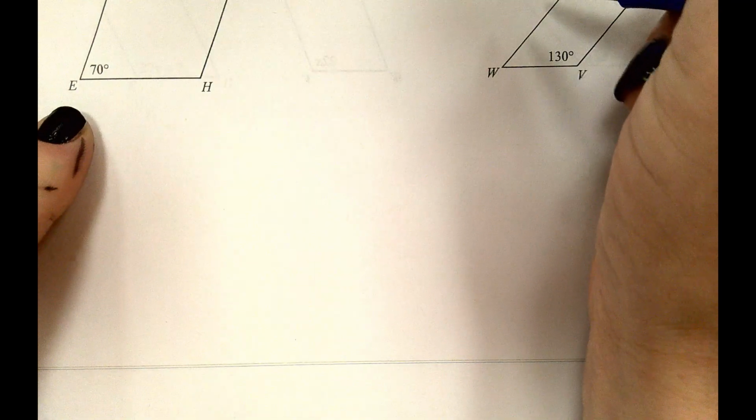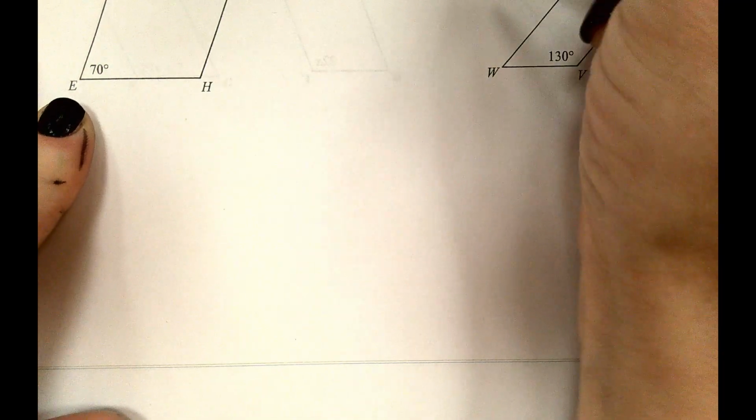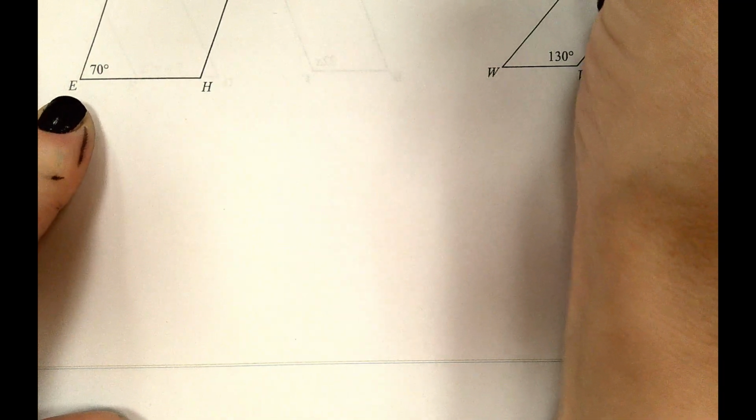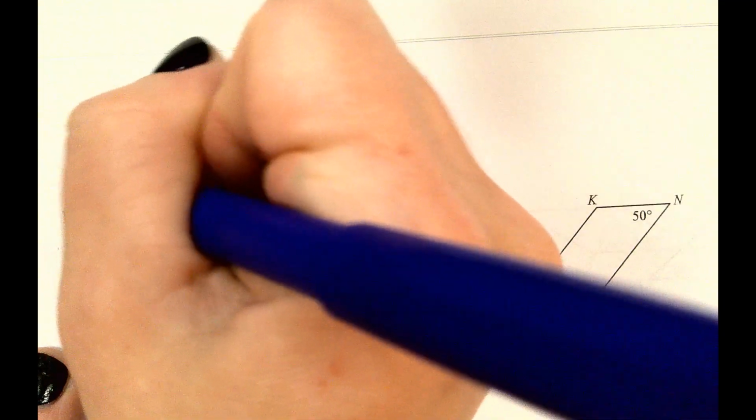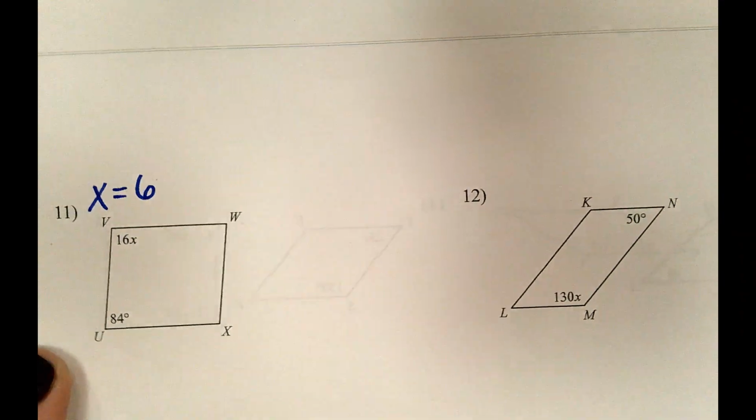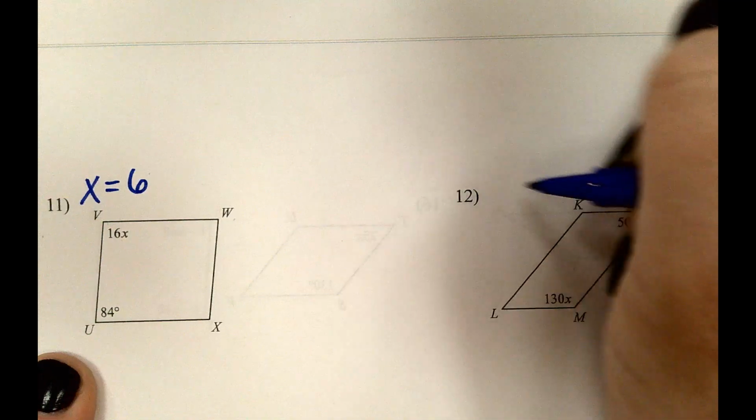Moving on to the next page. Number 9 is x equals 3. Number 10, x equals 7. Number 11, x equals 6. Number 12, x equals 1.